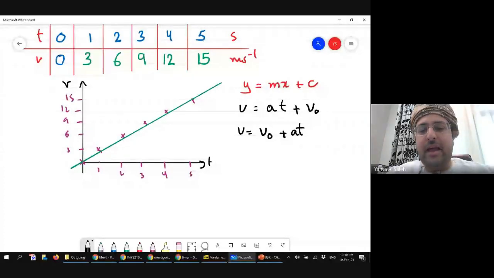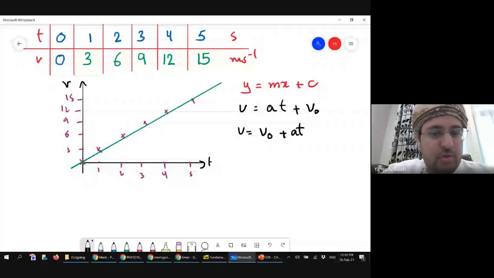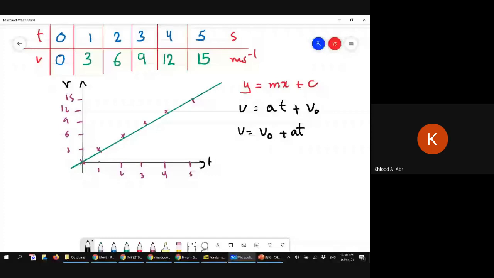I have the time, I have the velocity, I have an equation that describes how my velocity changes with time. What if I want to know at time equals 4 seconds how far we have traveled? Take the area under the graph. That's one option. What's another option?